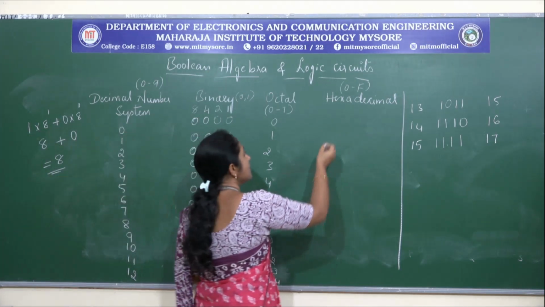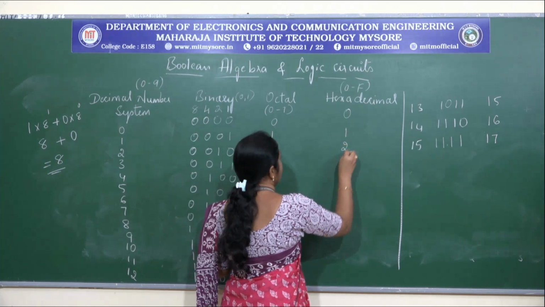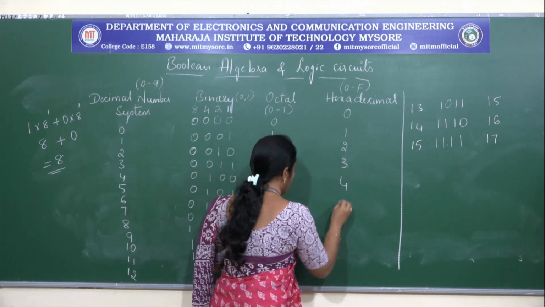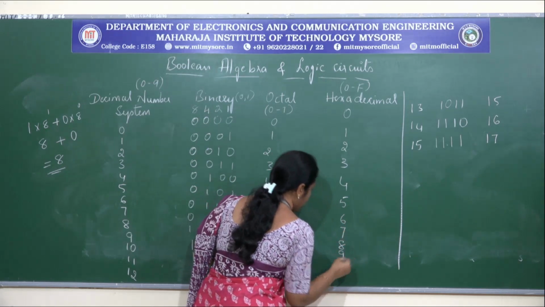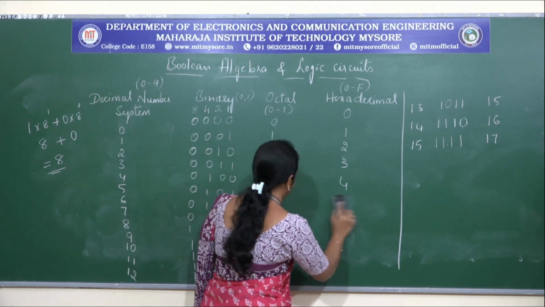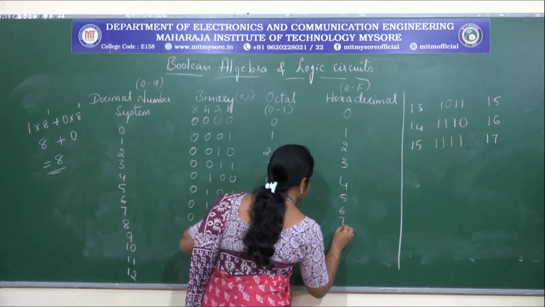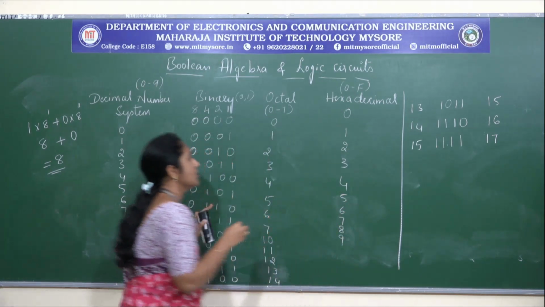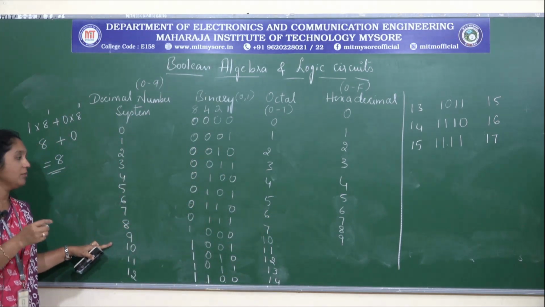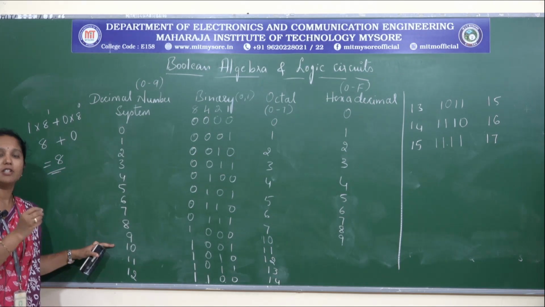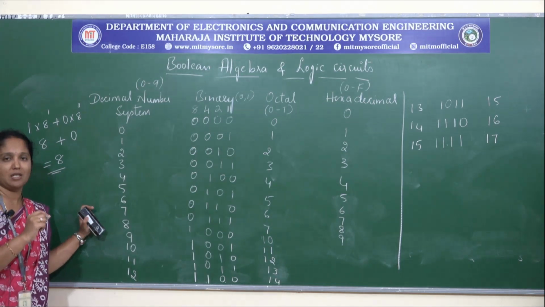We have 16 digits, so we need not worry here. Up to 9 we have digits the same as the decimal number system, but after that we have symbols for representing the number.